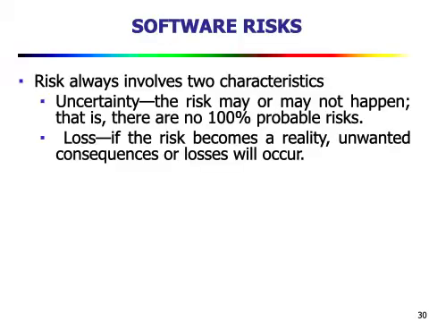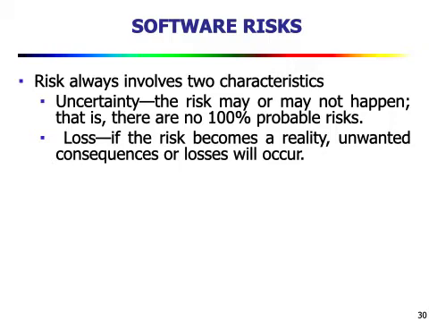So, first of all, what is a software risk? Although there has been considerable debate about the proper definition for software risk, there is general agreement that risk always involves two characteristics, that is, uncertainty and loss.